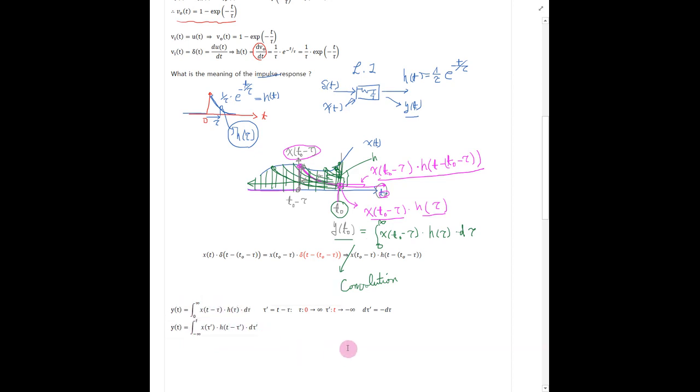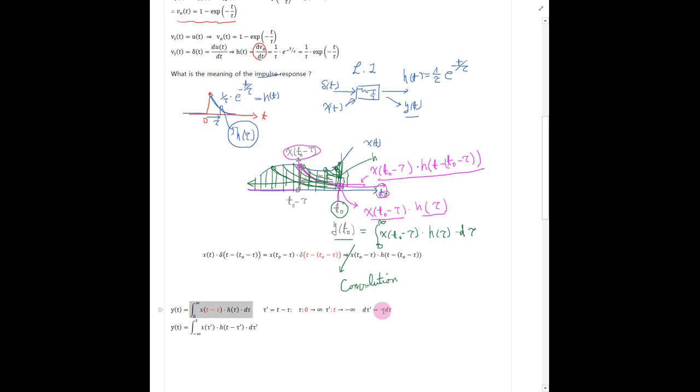By change of variable, we replaced this part with tau prime. Then as tau changes from 0 to infinity, tau prime changes from t to minus infinity, and d tau prime is minus d tau.